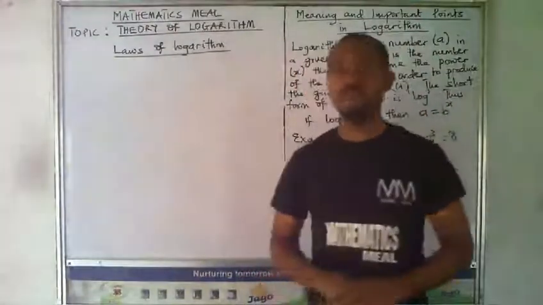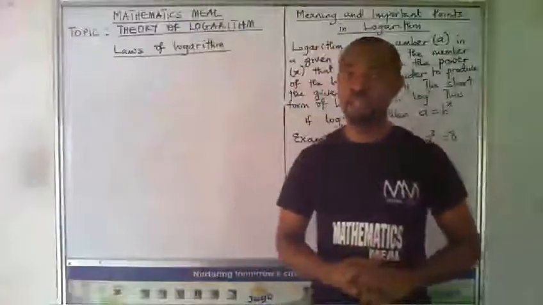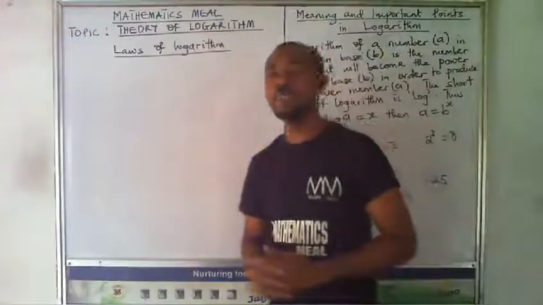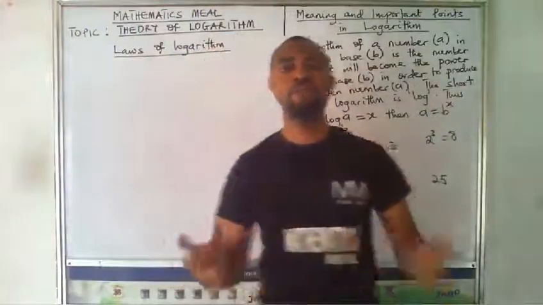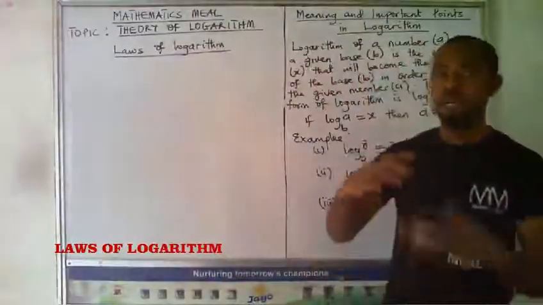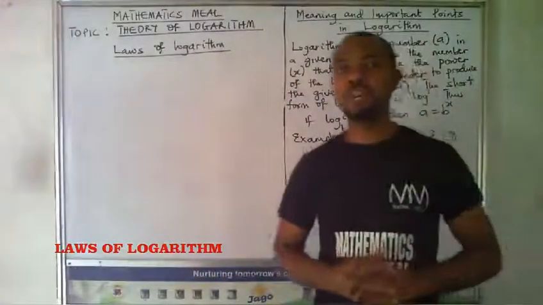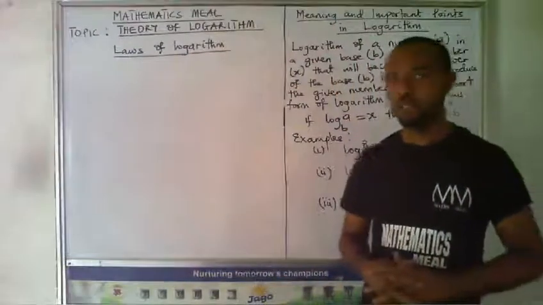Okay, we have been looking at the theory of logarithm, and we have been able to look at the meaning of logarithm, and we also looked at important points in logarithm. Now we want to look at the laws of logarithm. That's the second objective. Remember, we brought out 5 objectives that we need to cover in the study of logarithm.